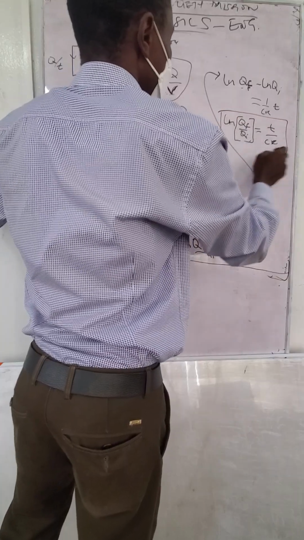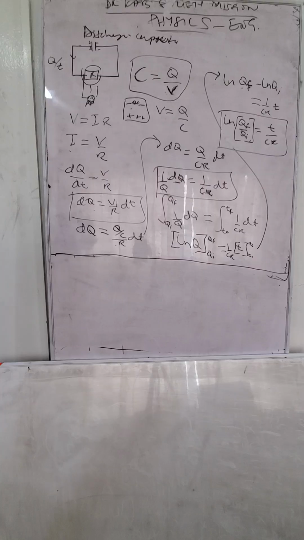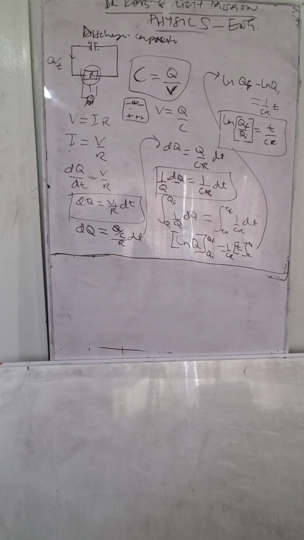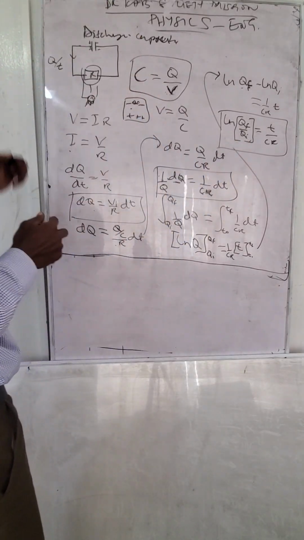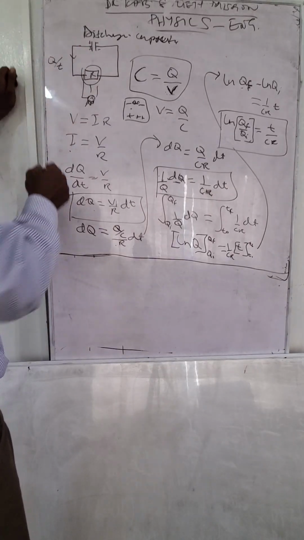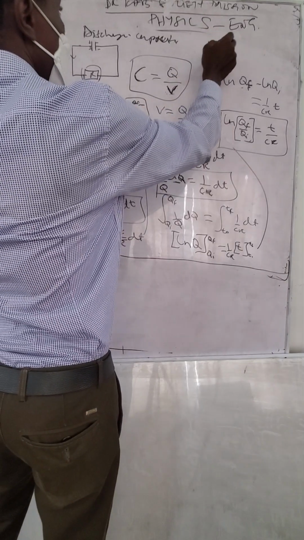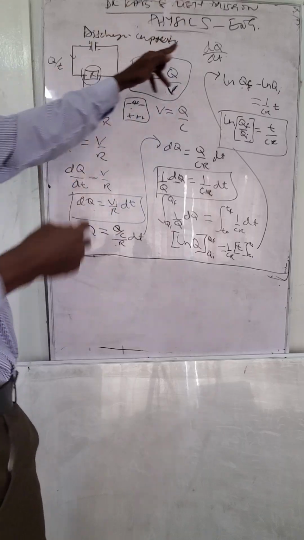So these equations, you see them in the books and you are frightened, but they can easily be derived. This should give us the answer. But let's not forget that this is discharging. If it is discharging, it means the charge is reducing with time.